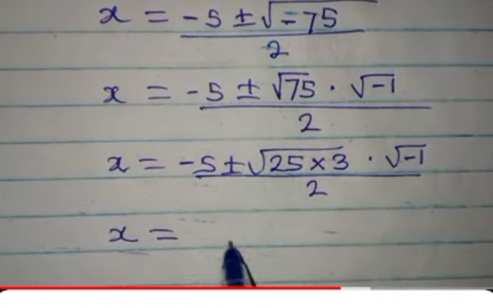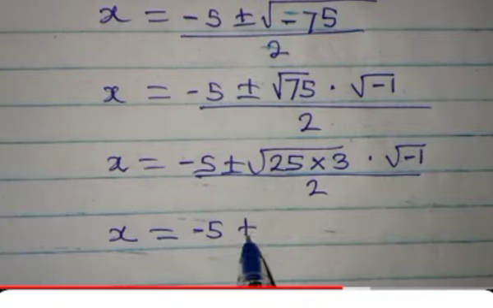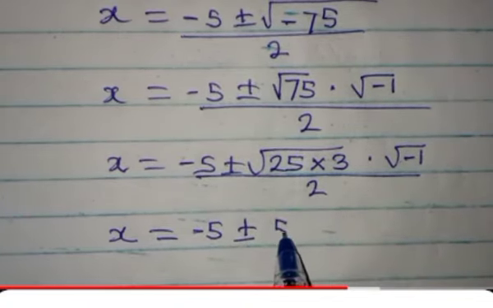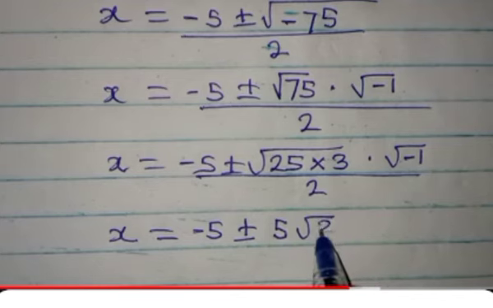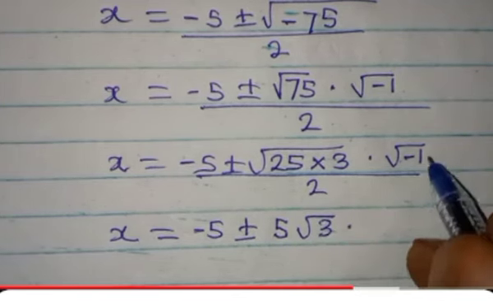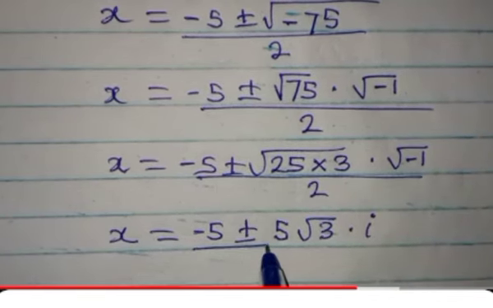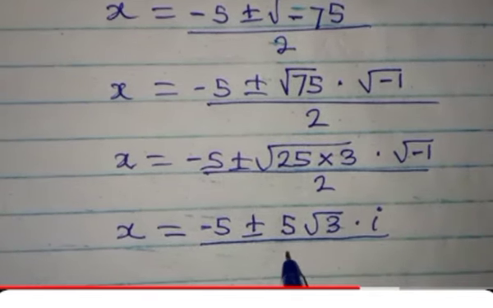Okay, so x is equal to -5 plus or minus. This 25 here, the square root of that is 5. Then we have root 3. Then what will be the square root of -1? That is i, the imaginary number. Then here we have 2.